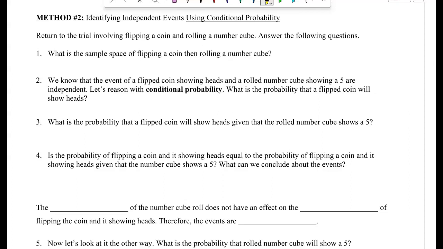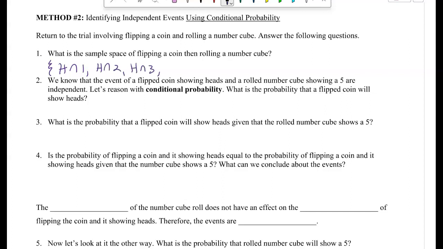Let's answer the questions again. What's the sample space of doing these? Isn't the sample space of flipping a coin and rolling a die the same as what we've been doing? I actually don't like that color. So isn't it the exact same, my friends? So let's just rewrite it real quick just to make the point. We know their sample space is exactly the same.